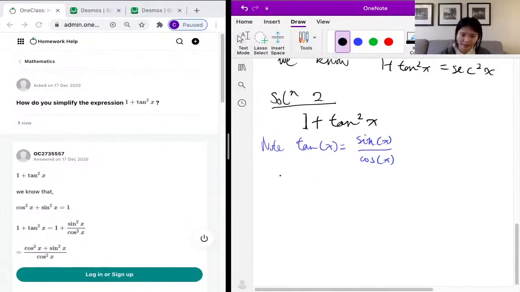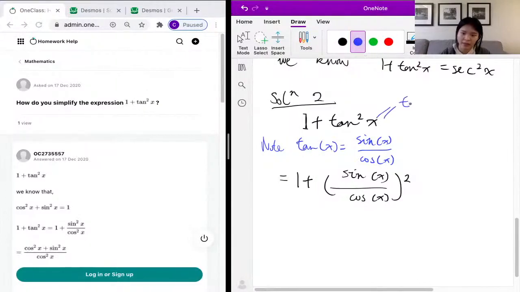So we can substitute tan x into tan squared x. So we have 1 plus tan squared x is the same as 1 plus sine x over cos x, squared. And for the record, tan squared x just means tan of x, squared.